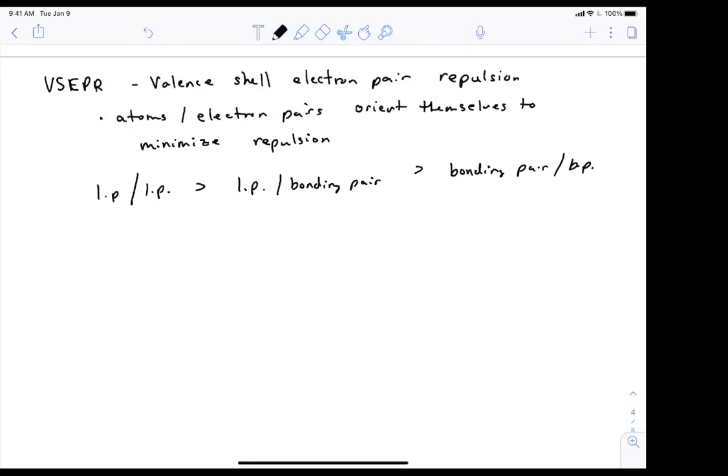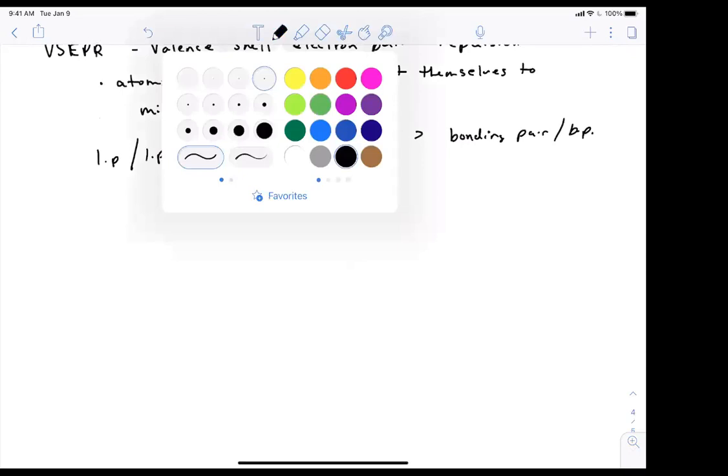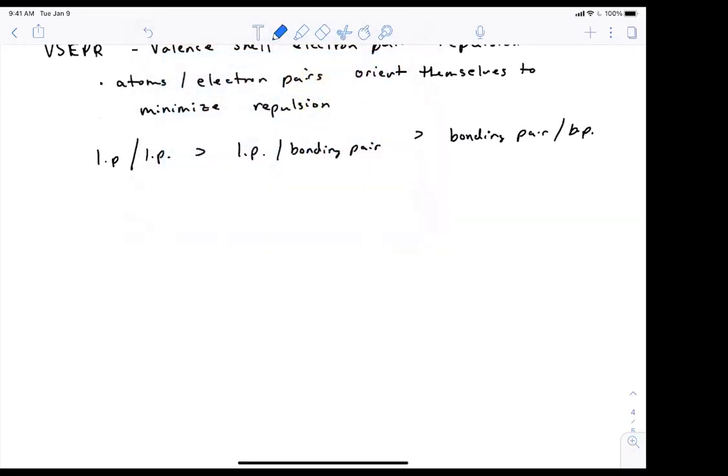Okay, so this is how the shapes work. Now, I want to first talk about electron domain geometry, or electronic geometry. And there's a difference between electronic and molecular geometry.